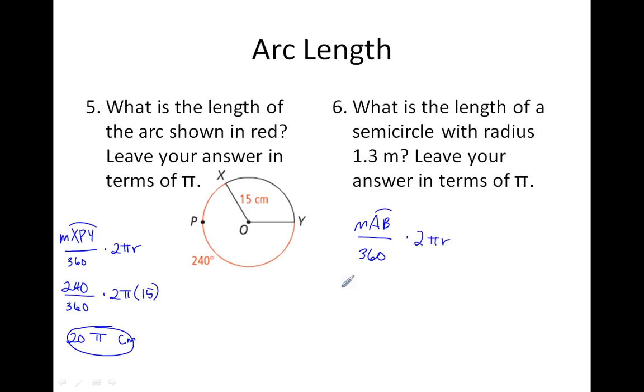Now it's a semicircle, so the measure of that is always 180 divided by 360 times 2 times pi times the radius of 1.3. Now 180 over 360 reduces to 1/2, so I have 1/2 times 2, which cancels itself out because 1/2 times 2 is 1. So we're left with 1.3 pi. My unit is meters, so my answer is going to be in meters.